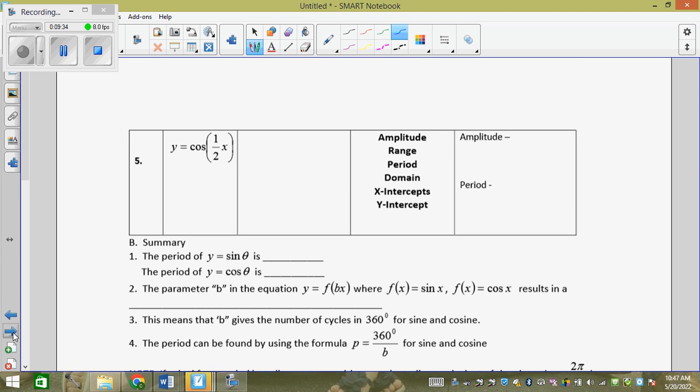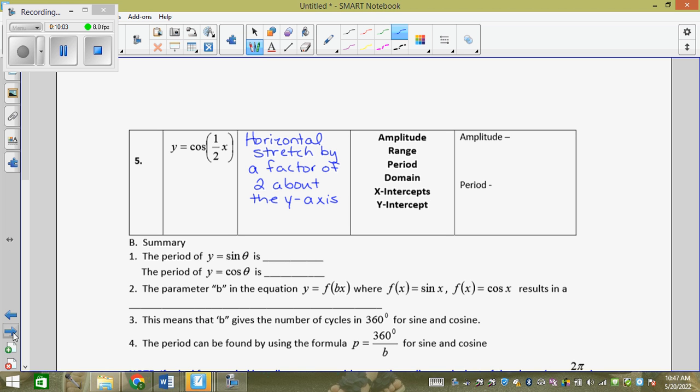Now we have cos. This one has a cos. Does cos or sine change any of the deals? No, they still follow the same rules. Cos and sine do, correct? So this one has a horizontal stretch by a factor of 2 about the y-axis. Does my amplitude change?